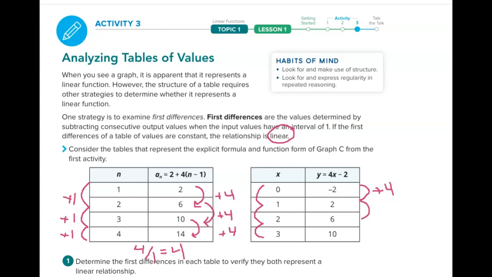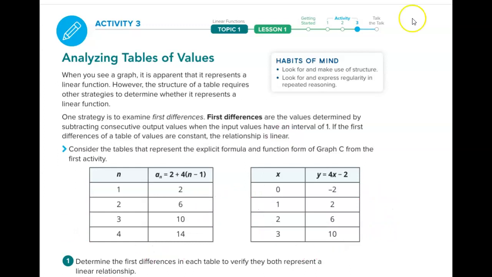From 2 to 6 is also an increase of 4, and from 6 to 10 is also an increase of 4. So once again, we have vertical change over horizontal change, and these are all changing by 1. And that simplifies to a slope of 4.